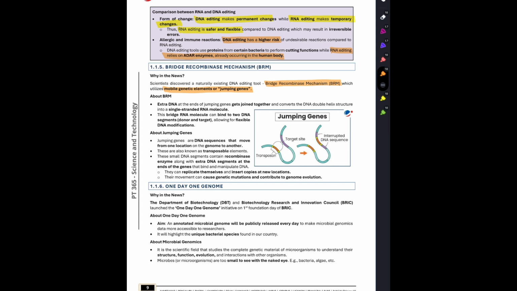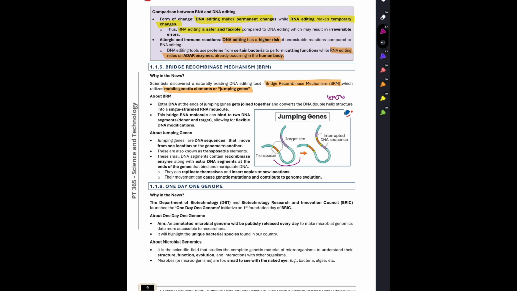This bridge RNA molecule can bind to two DNA segments, donor and target, allowing for flexible DNA modification.